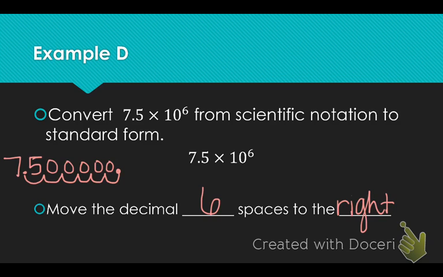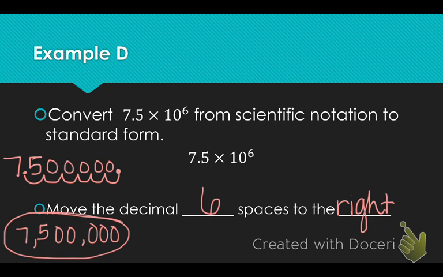And that is going to become 7,500,000. Again, I could think about the powers of 10, so that is a 1 with 6 zeros attached. So it took 7.5 times a million to get 7,500,000.